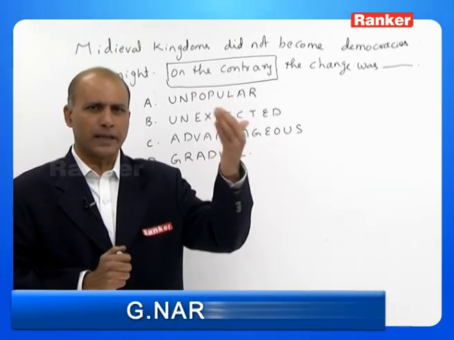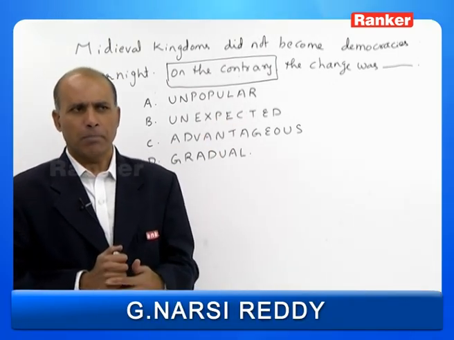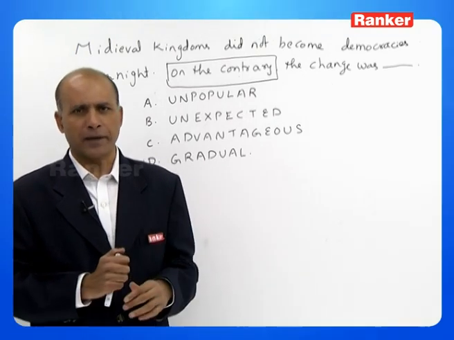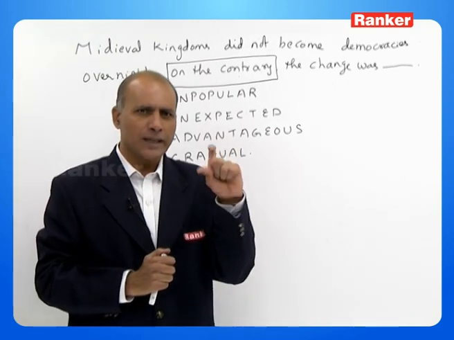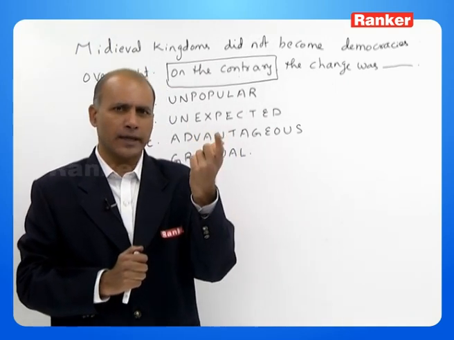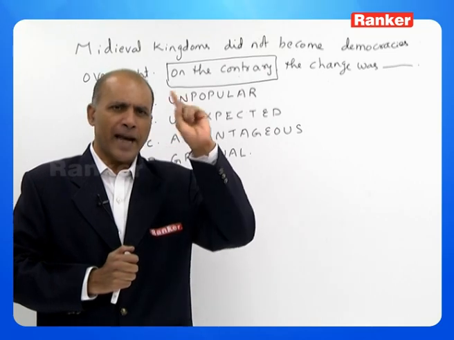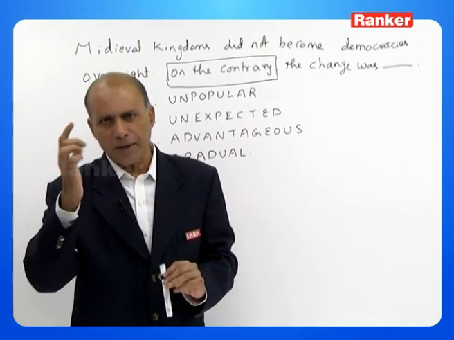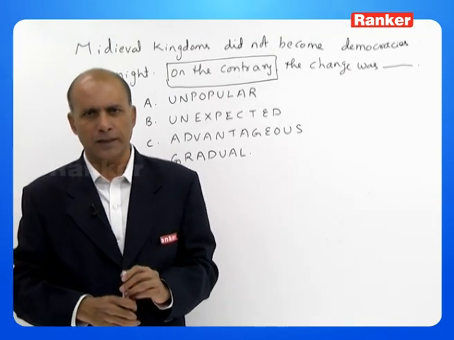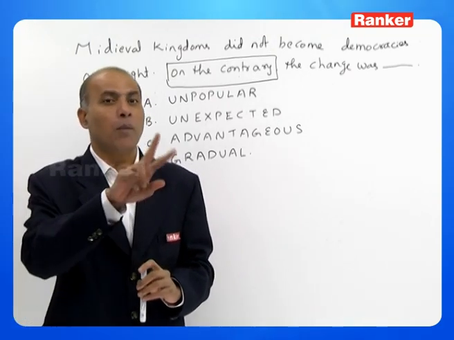That means I expected to get a gold medal, but exact opposite happened. I actually failed the exam. So when we see this word called on the contrary, whatever happened in the first part of the sentence and whatever is happening in the second part of the sentence generally are opposite.